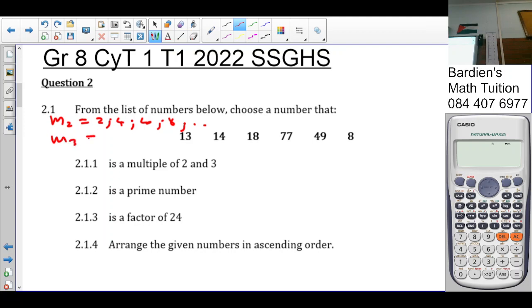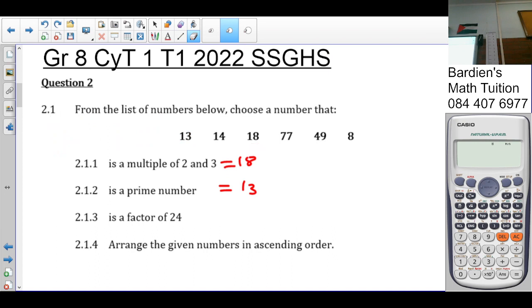Multiples of 3 are 3, 6, 9, 12, and so on. So the multiples of 2 and 3 are going to be 6, the next one is going to be 12, and so on. So 18 is a multiple of 2 and 3.